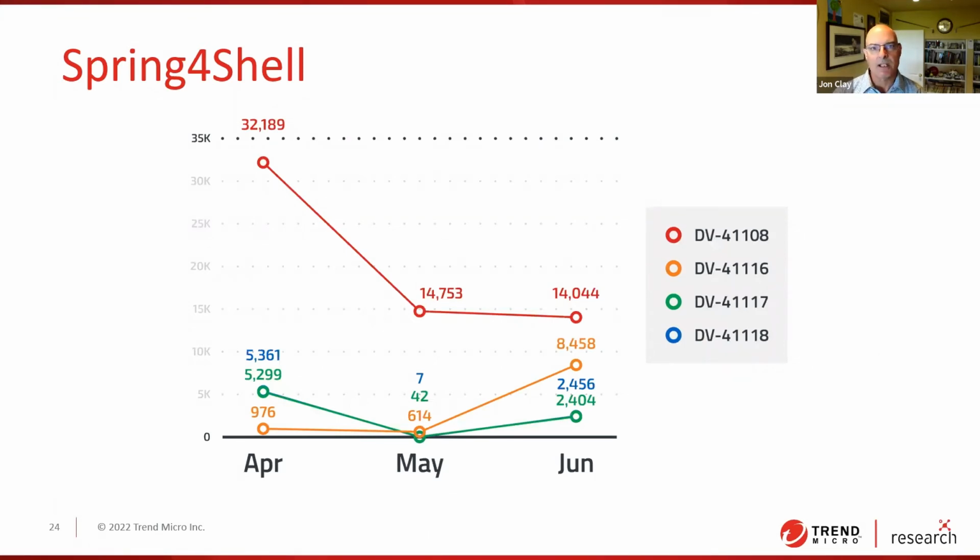And so we started tracking. We had a number of virtual patching rules. You can see here, there are 4 virtual patch rules that came out from Trend Micro to virtually block these exploits. And again, March 31st is when it was disclosed. We started seeing attacks already in April, and that was actually the highest number.